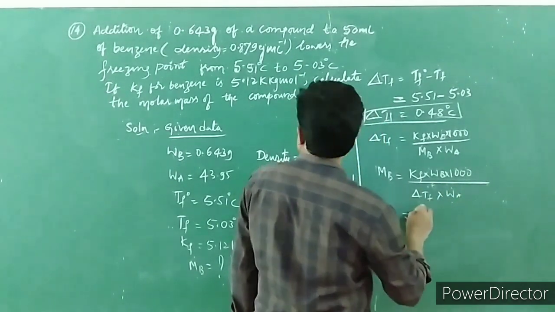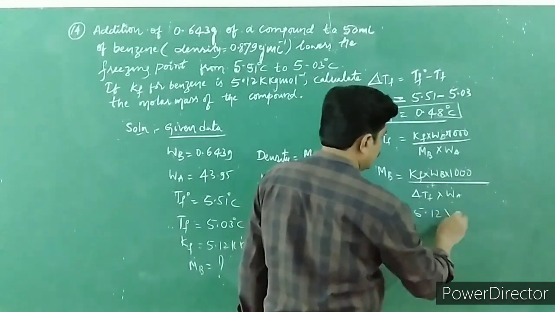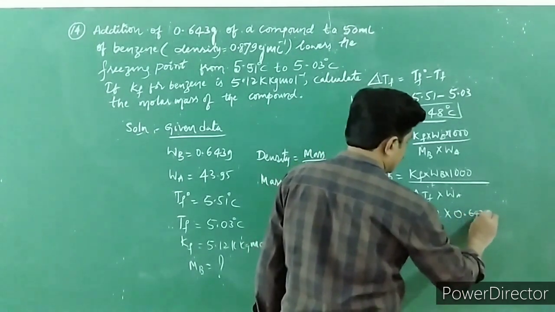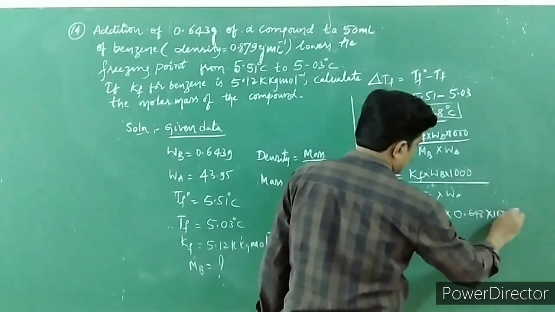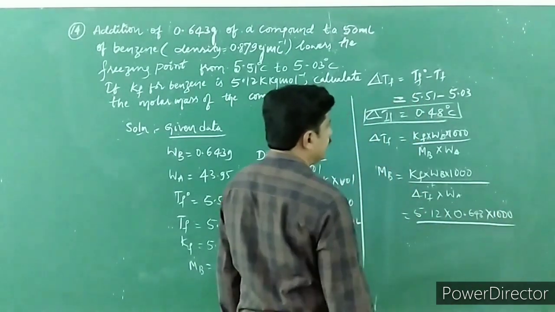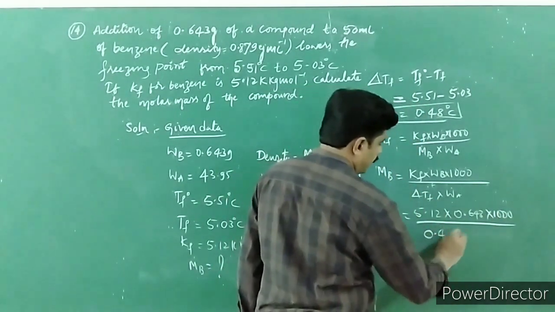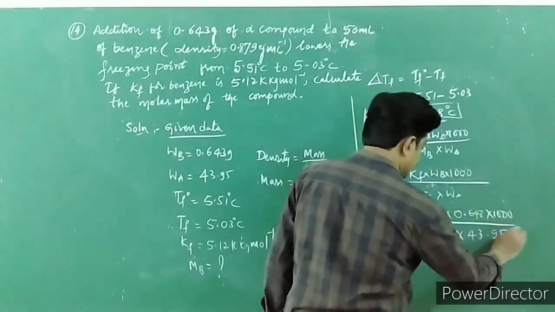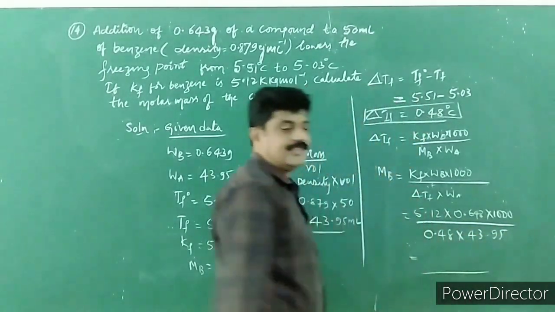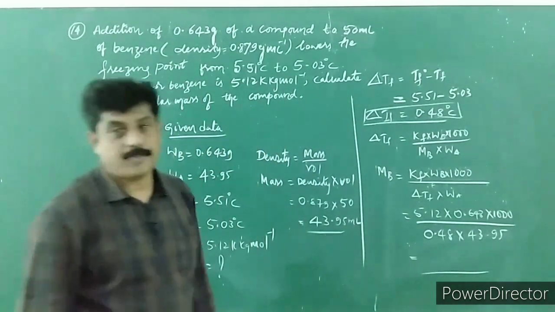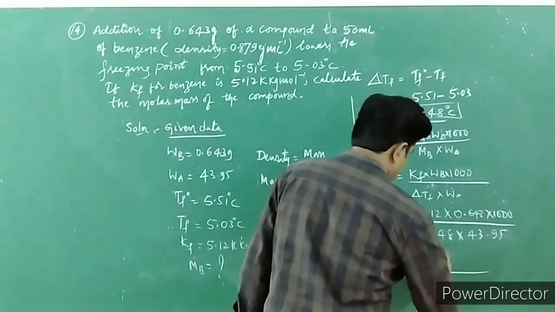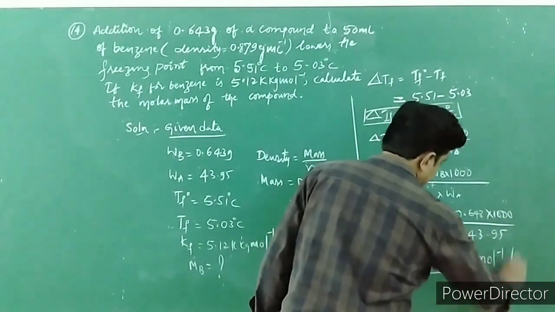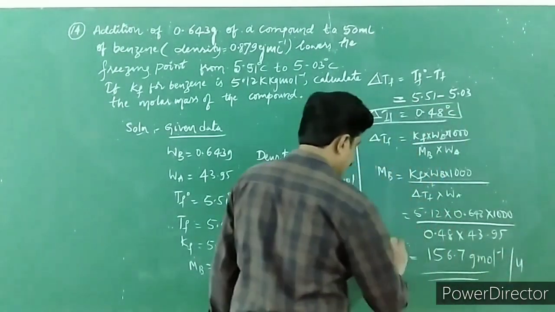Now Kf is how much here? 5.12. Wb is how much here? 0.643 into 1000 upon delta Tf is equal to 0.48. Wa is equal to 43.95. Now if you simplify this, you are going to get 156.7 gram per mole, otherwise unified mass. This is what Mb.